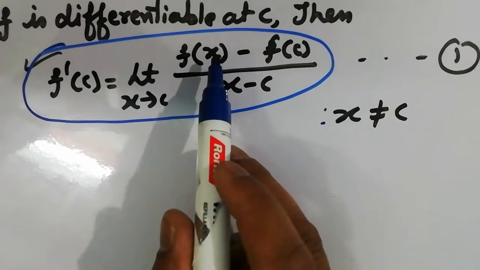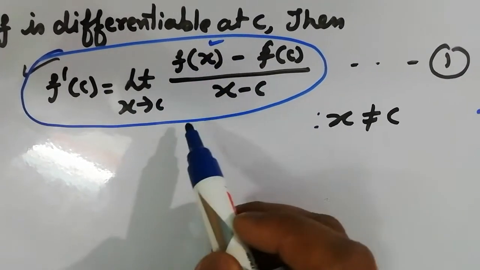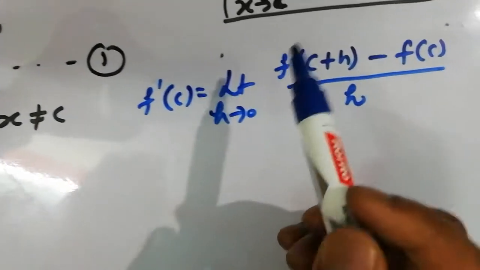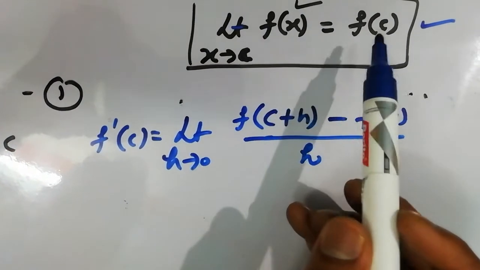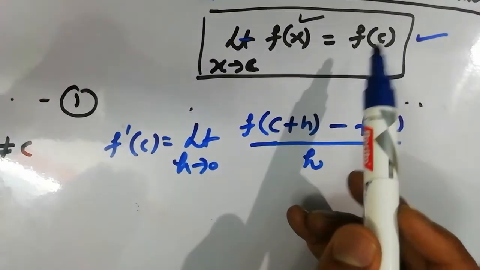Here I am using this one formula with f of x. Why? Because we have to prove that the given function which is differentiable is also continuous at that point.